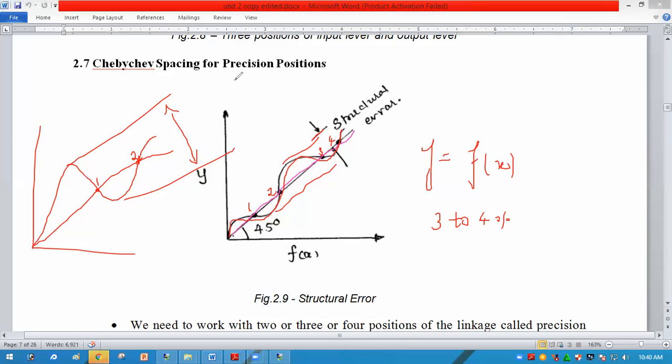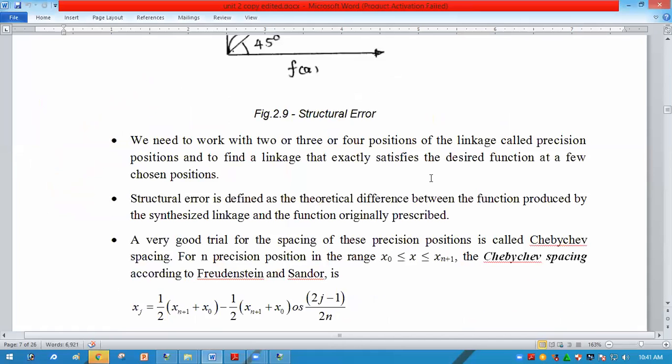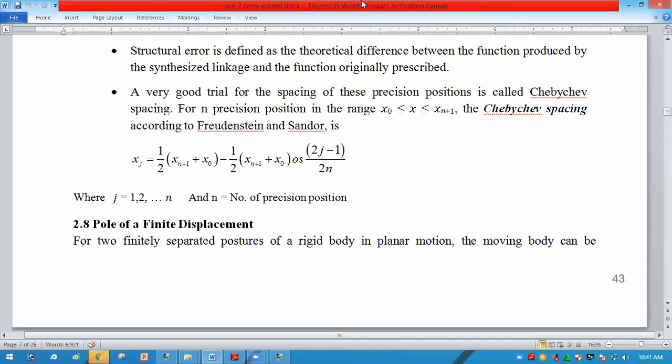For n accuracy positions in the range x0 less than or equal to x less than or equal to x(n+1), the Chebychev spacing is given by xj equal to (x(n+1) plus x0) divided by 2 minus (x(n+1) minus x0) divided by 2 cos of (2j minus 1) pi divided by 2n.